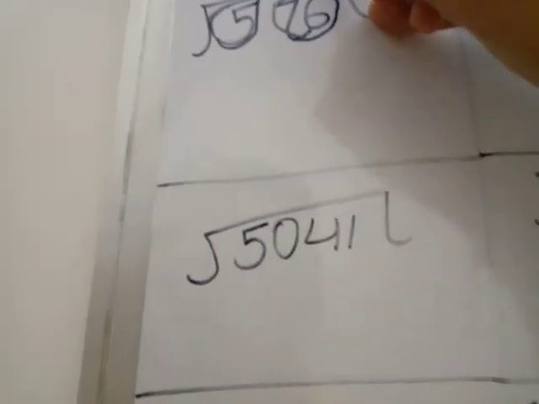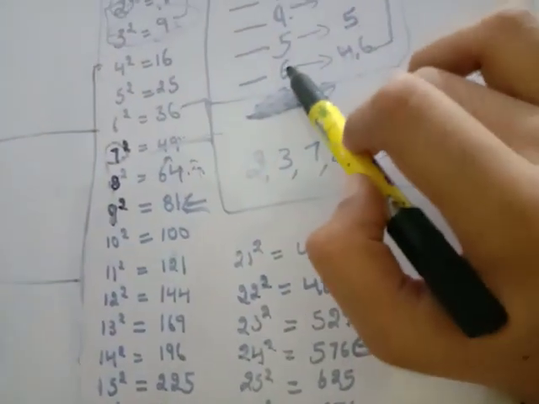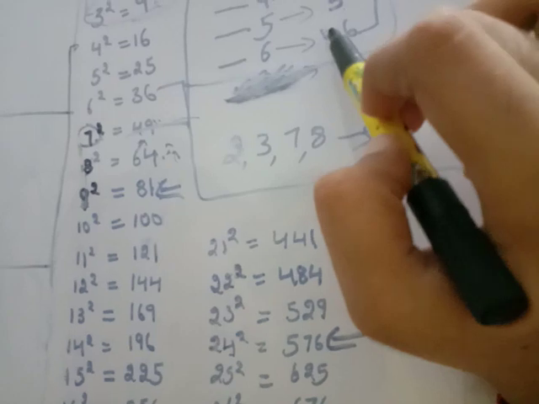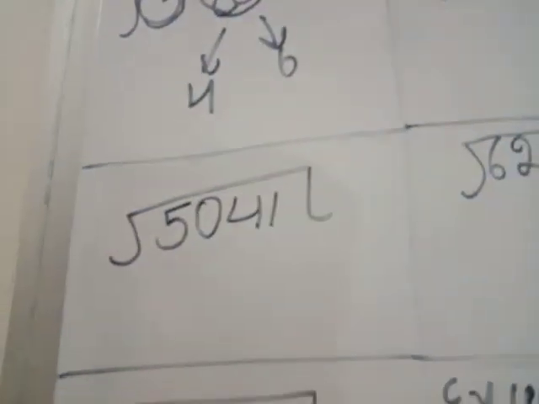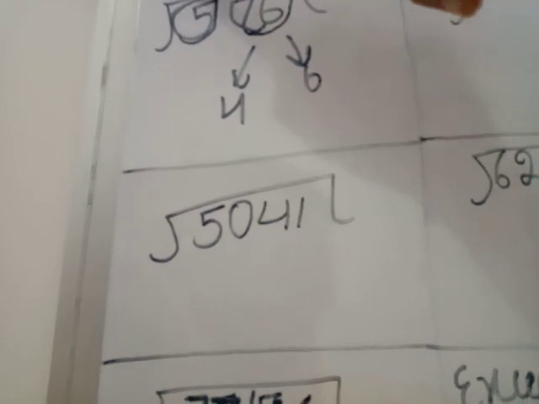As you can see, here there is 6 at the units place. As I have written here, if there is 6, then there are two possibilities: either 4 or 6 will be at the unit place in the square root number. So I will write here either 4 or 6. Got it? Okay, now come to the next group.